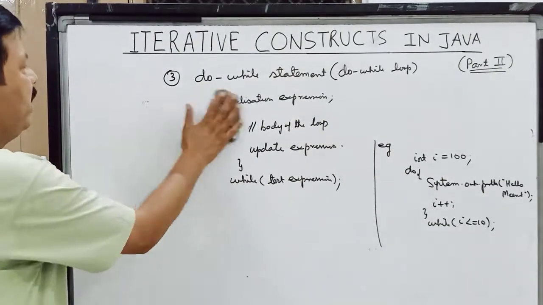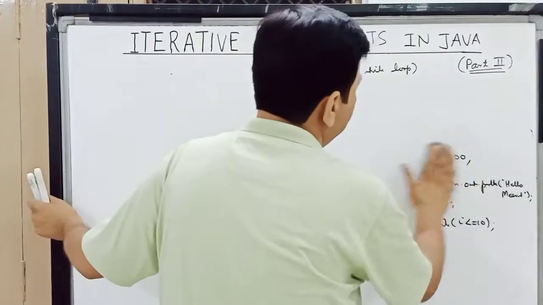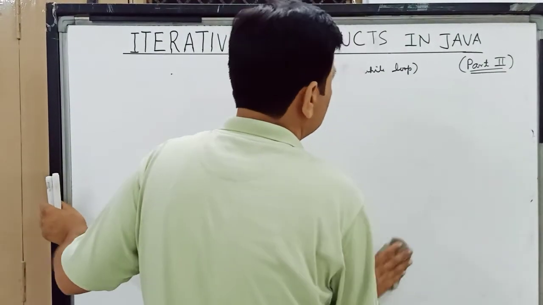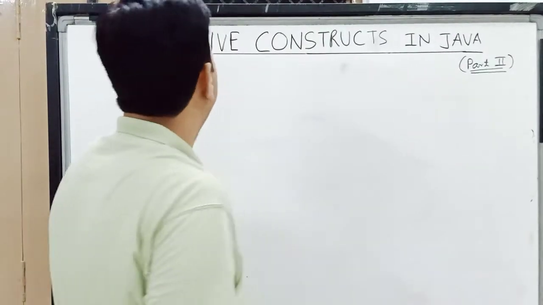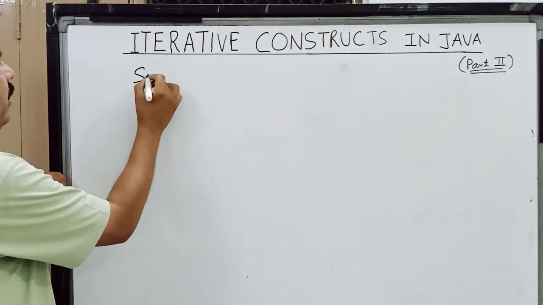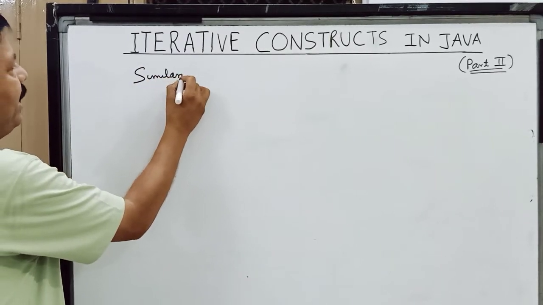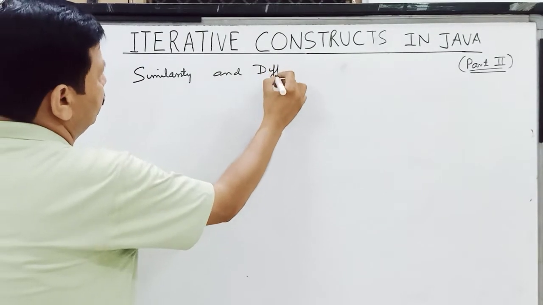Now children, the next thing which we have to study in this particular topic, this is the second part of iterative construct in Java we are doing. Now we have to come up with similarity and differences.